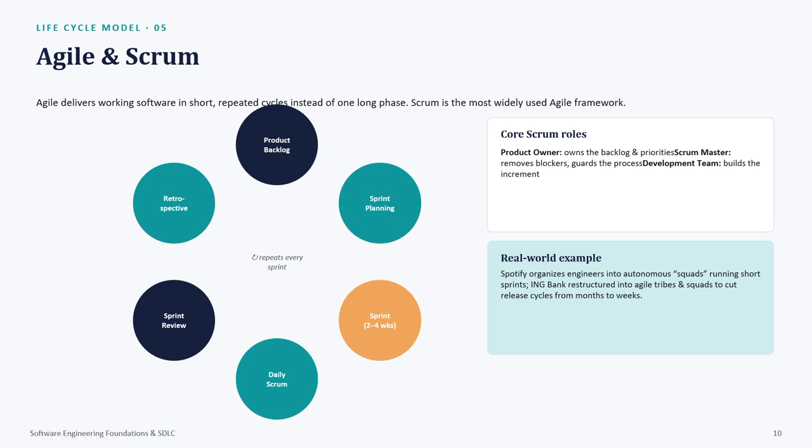Scrum Master removes blockers, guards the process. Development team builds the increment. Real example is Spotify organizes engineers into autonomous squads running short sprints. ING Bank restructured into agile tribes and squads to cut release cycles from months to weeks.